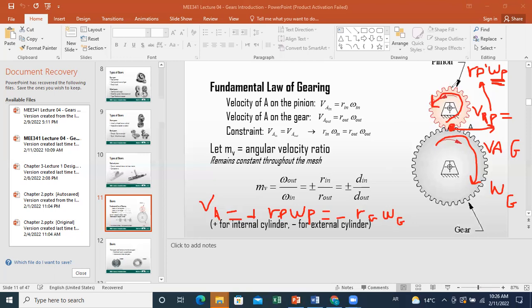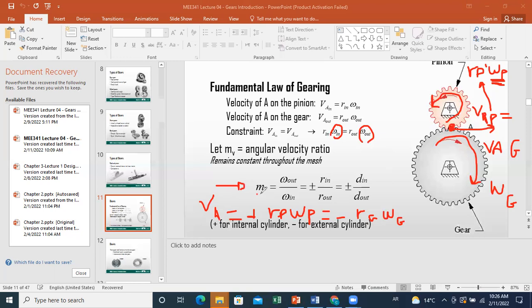If your pinion is the input and the gear is the output, then you can use the following names: V in, R in, omega in, and V out, R out, omega out. As I told you, you should pay attention to whether you are talking about an algebraic value or a magnitude. If you are just talking about the magnitude of omega, you can put R in omega in equal to R out omega out. Or if you want to talk about algebraic values, like here, we can define what we call the angular velocity ratio.